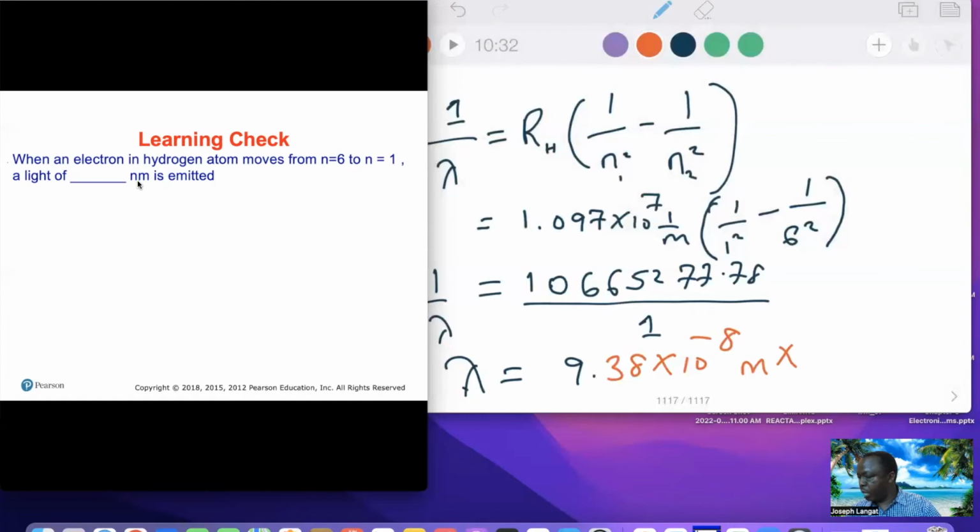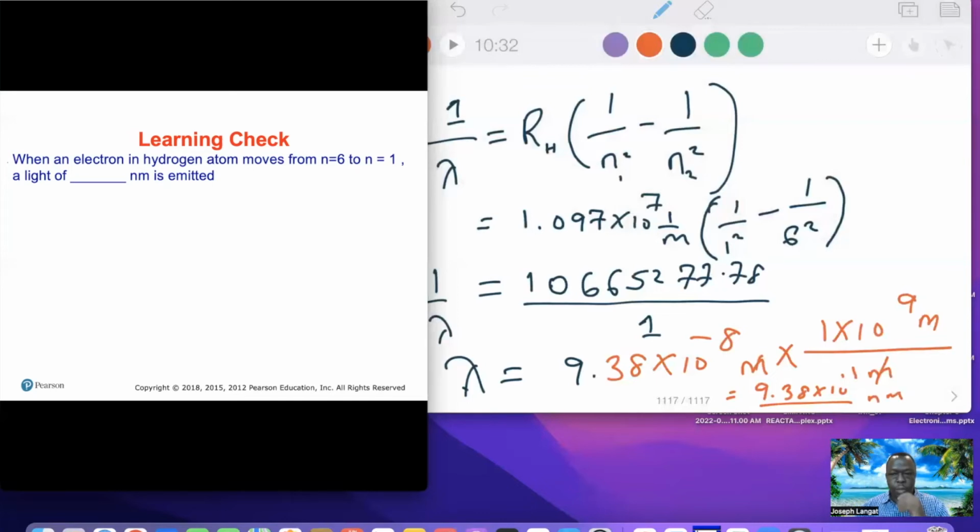So I'm just going to change that to nanometers using this conversion factor, that 1 meter equals 1 times 10 raised to 9 nanometers. So if I cancel that, and that will cancel, this will be 9.38 times 10 raised to 1 nanometers.